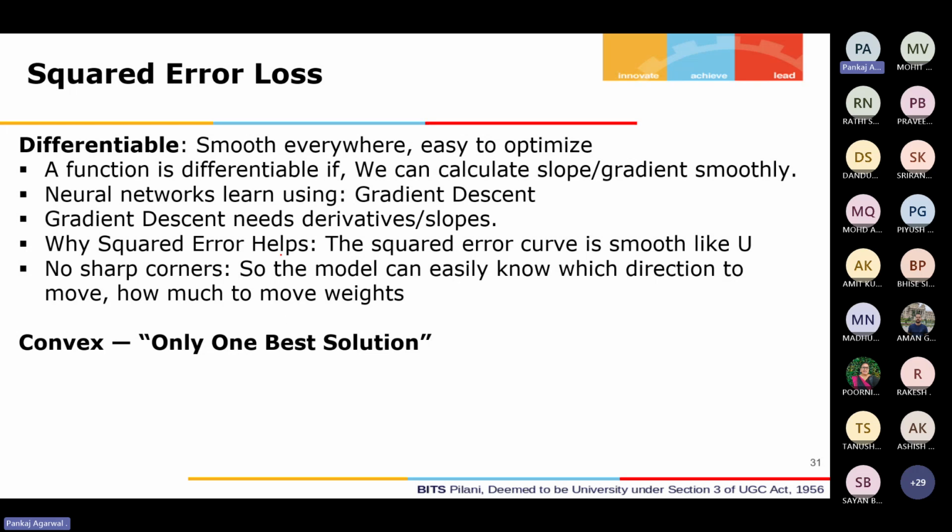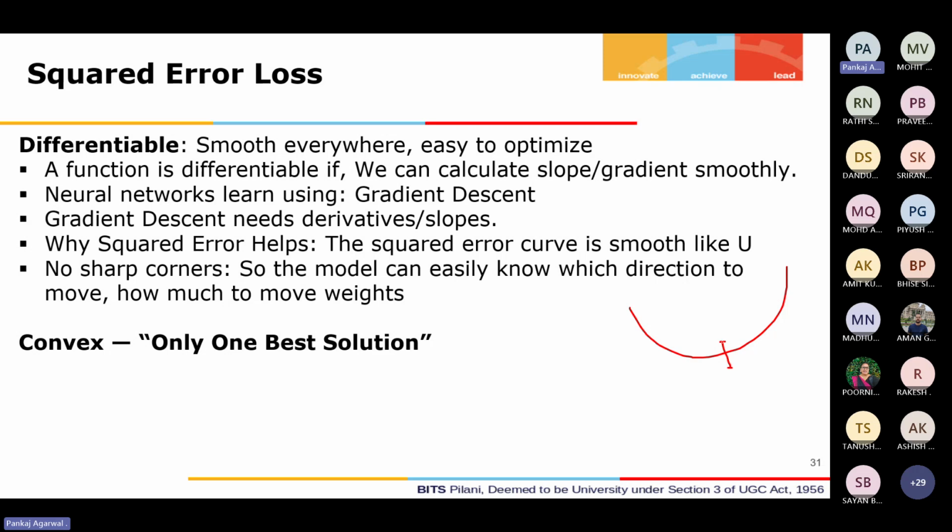Another thought process is convex, right? If none of you knows about it, convex means a thought process where only one value or one answer is the best solution. So if I'm using a bell curve, if it is differentiable, it would always result in a curve like this. Obviously, I need one minimum value.